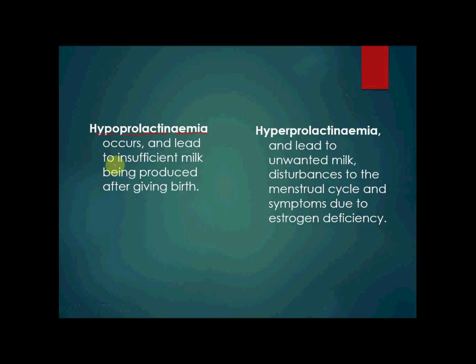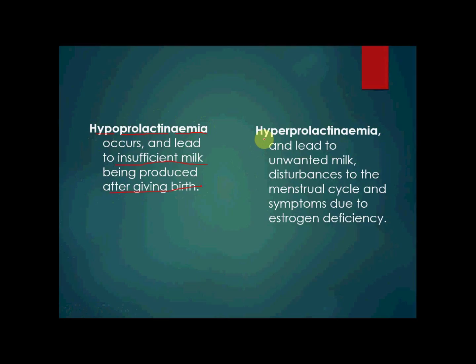When it occurs, it leads to insufficient milk production after giving birth, which causes a lot of problems. So these women have to use milk powder in order to compensate for the insufficient milk production.